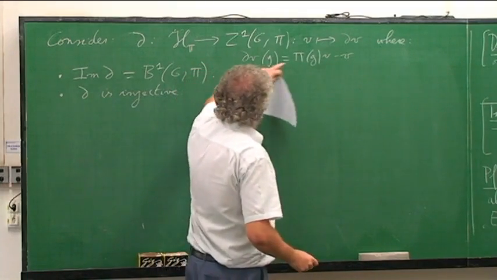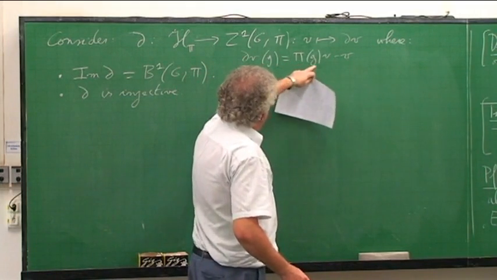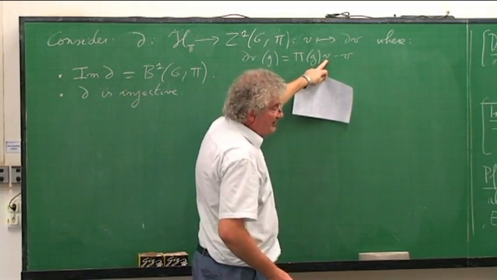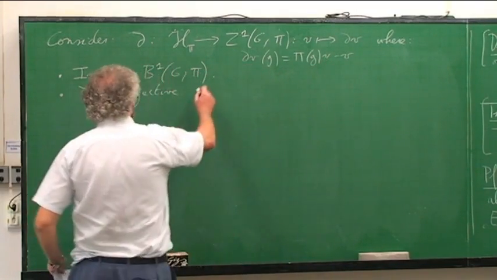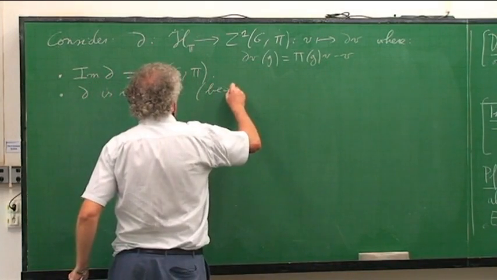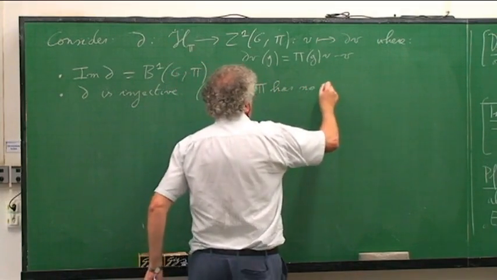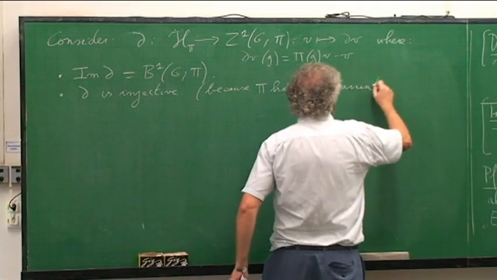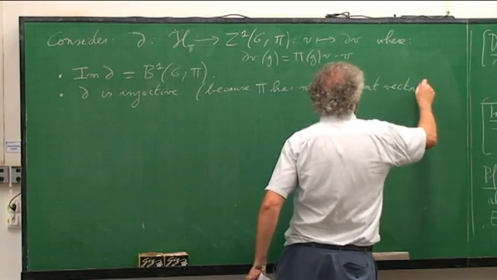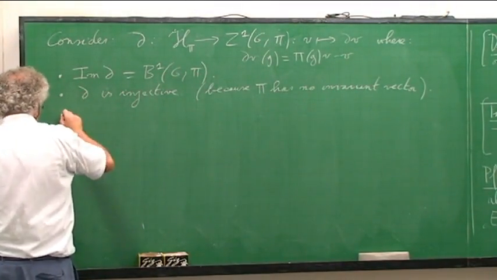Indeed, if this function is identically zero, this says that v is a G-invariant vector. But we have an assumption that π has no non-zero invariant vector.